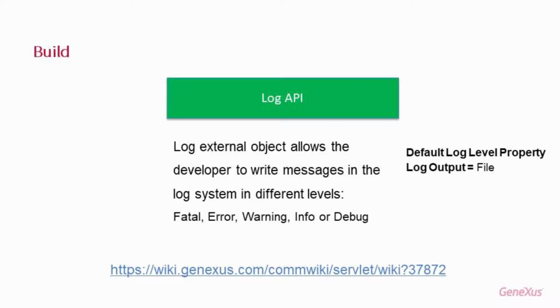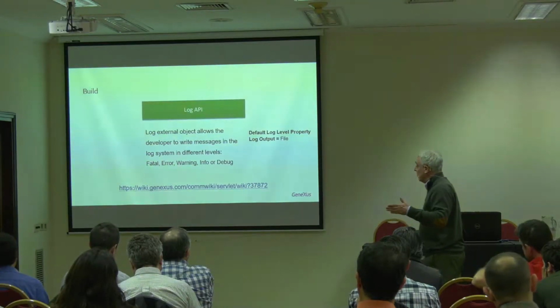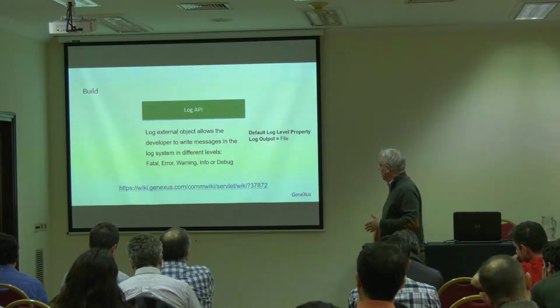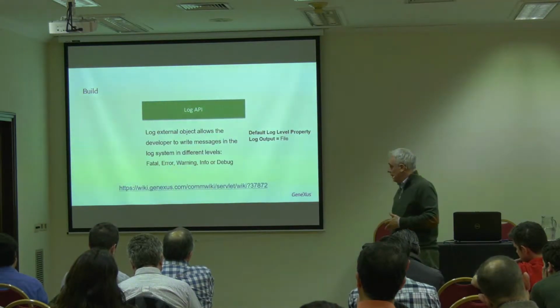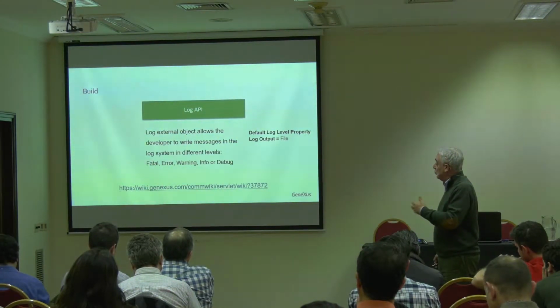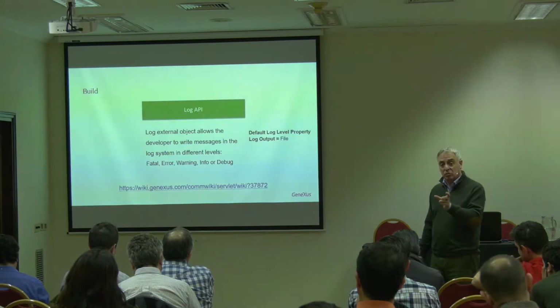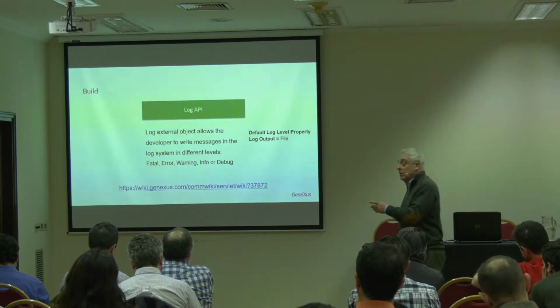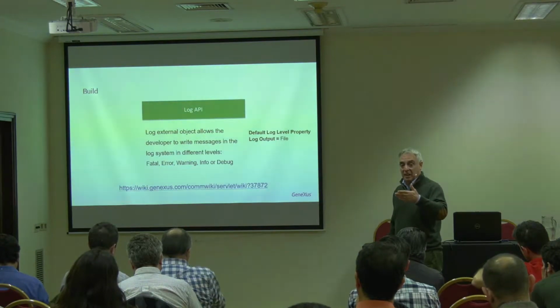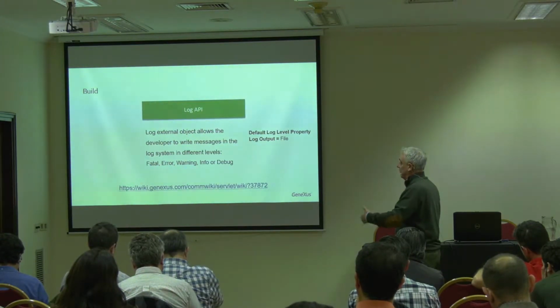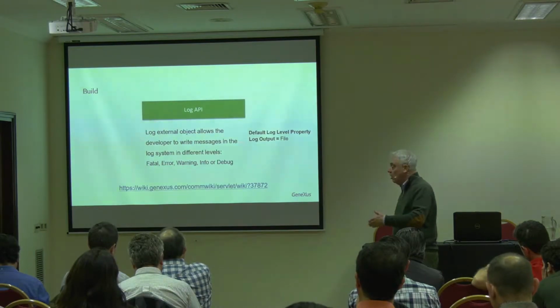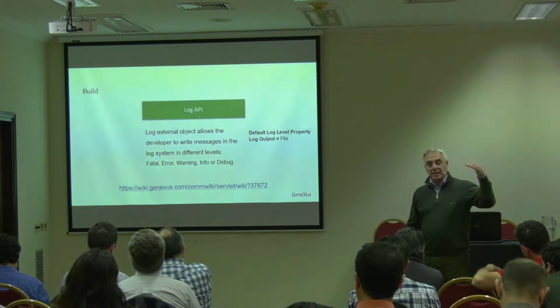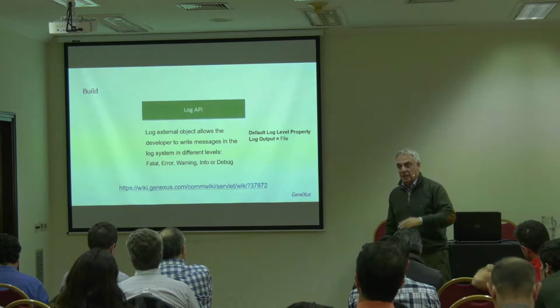Now with this API, we are going to be able to include our own error messages, that they are included in the log of the system, in the various files of the log system. We can even categorize these error messages of various sorts. For example, we can create our messages and categorize them as fatal, warning, info, or debug, and they will be with that category inside the log of the system.